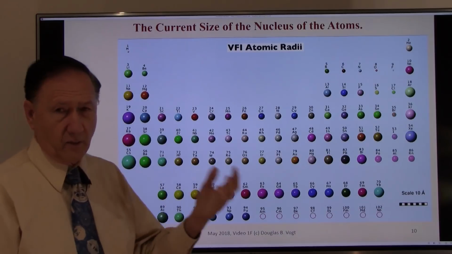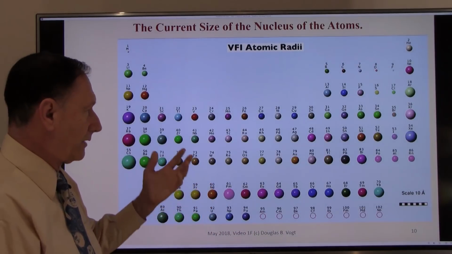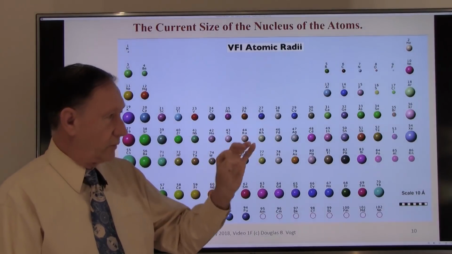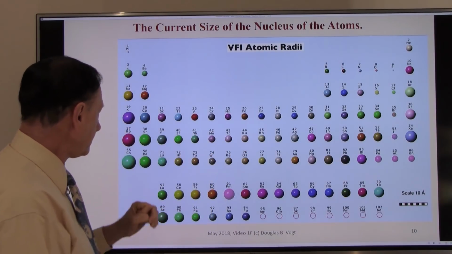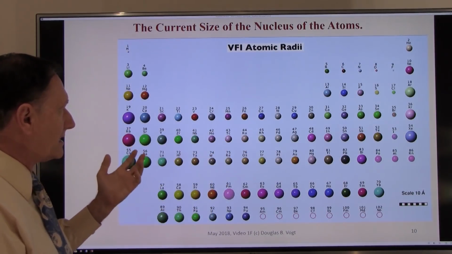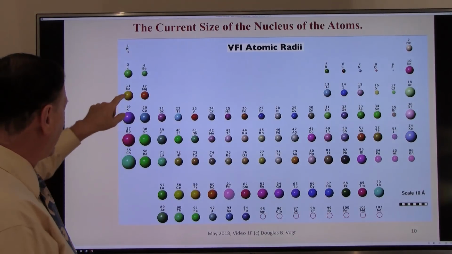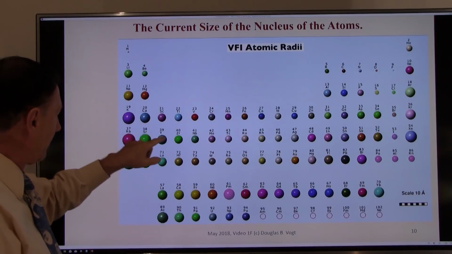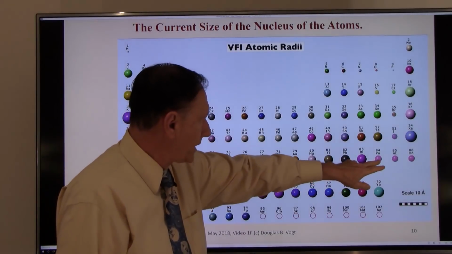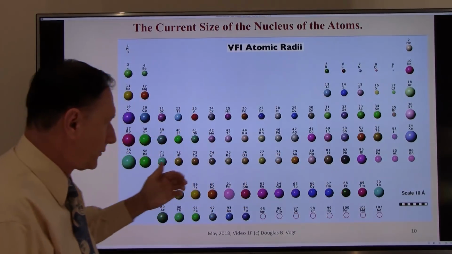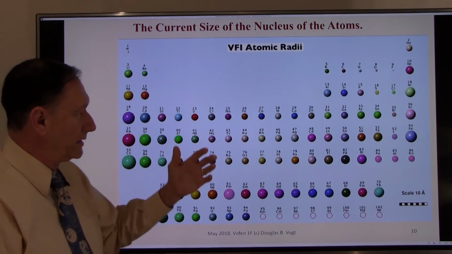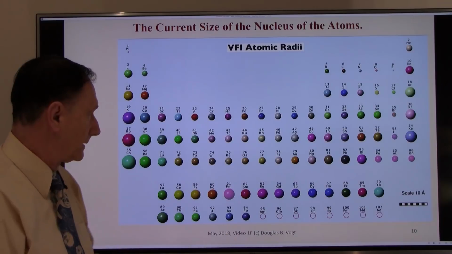The crystallographers have one way, and the physicists have another way of measuring the core, where the neutrons and protons are in the center. You'll notice inconsistency. You've got lighter elements that are larger than much heavier elements. Now I'm going to go through and show you some of this to see if their theory is even right about protons and neutrons.